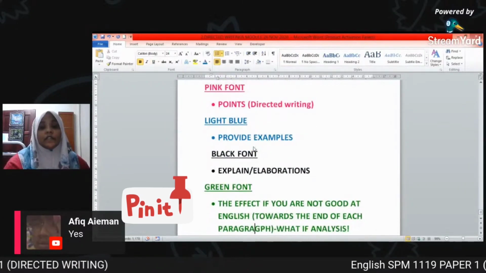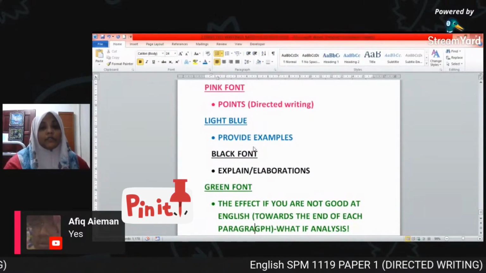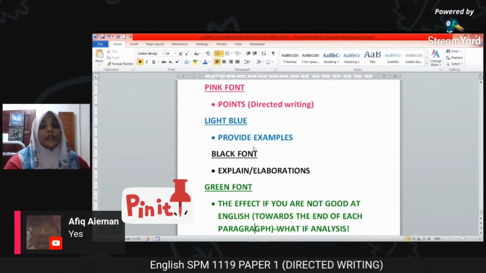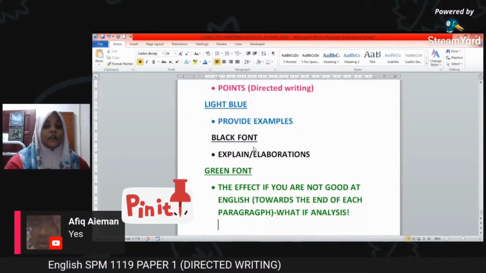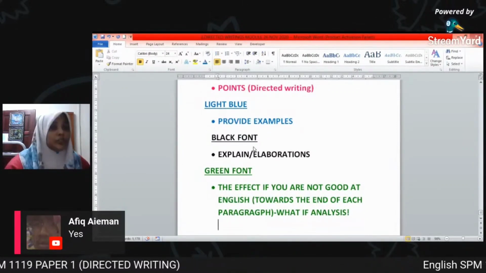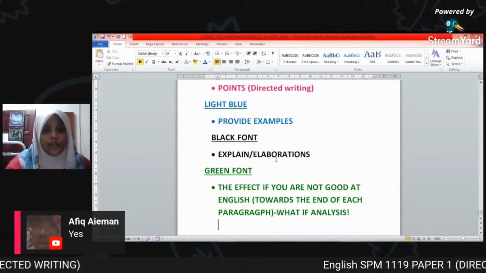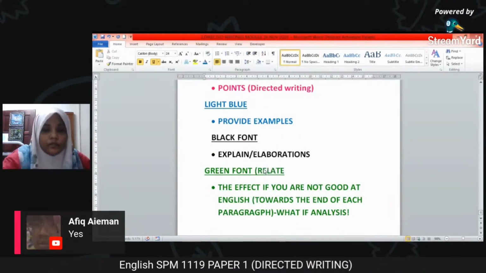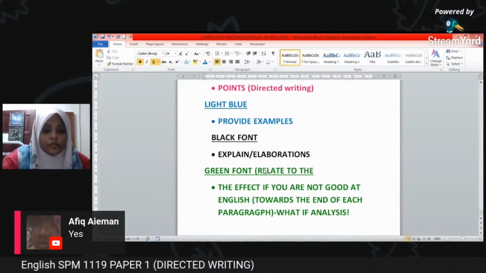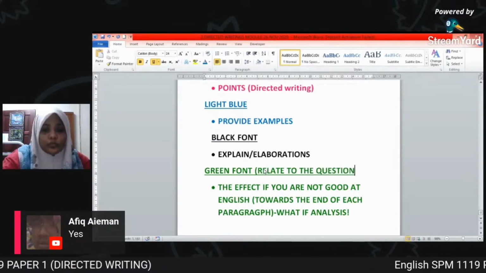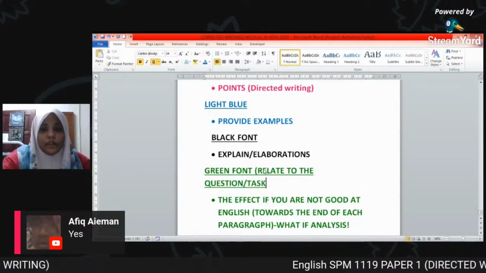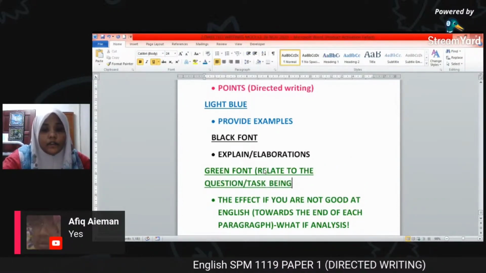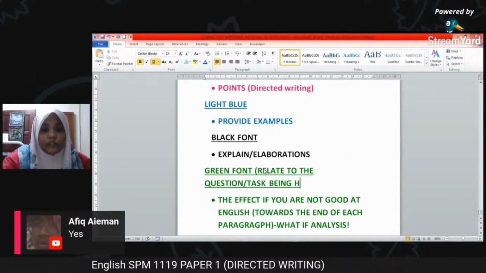And green font is the effect if you're not good at English, or in other words, it can be a solution, or always relate to the question or issue or task being highlighted in the question.